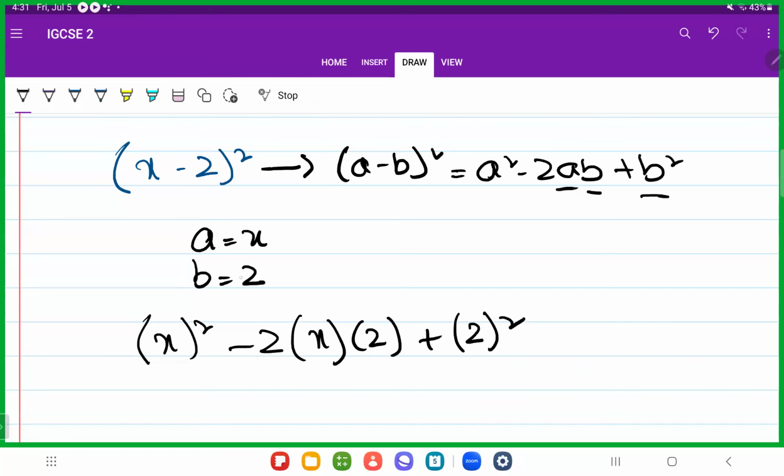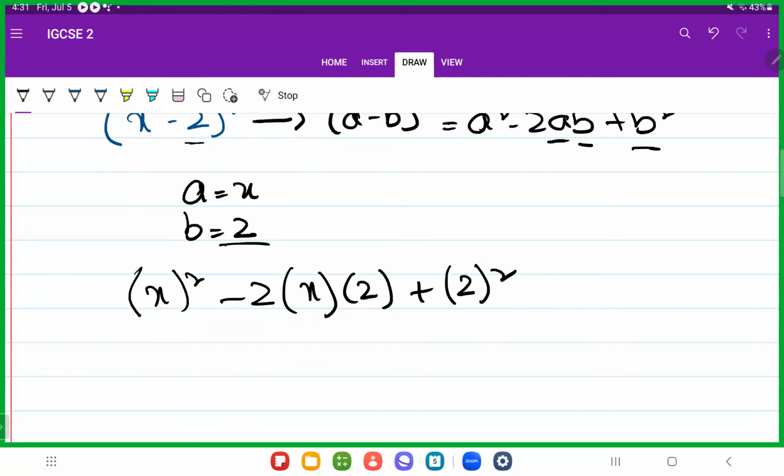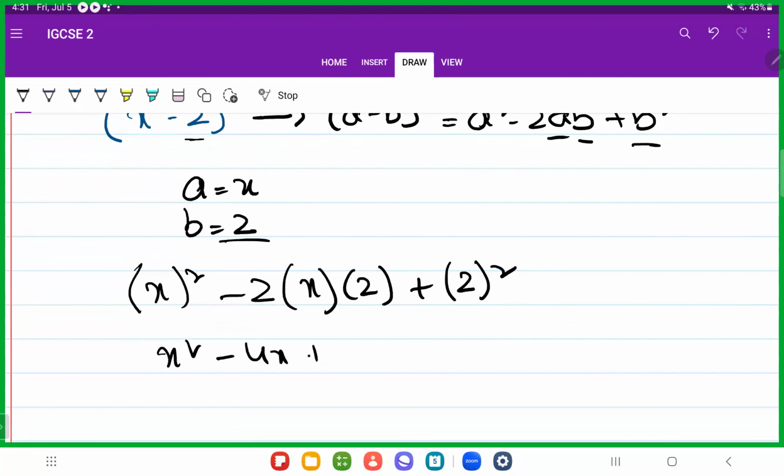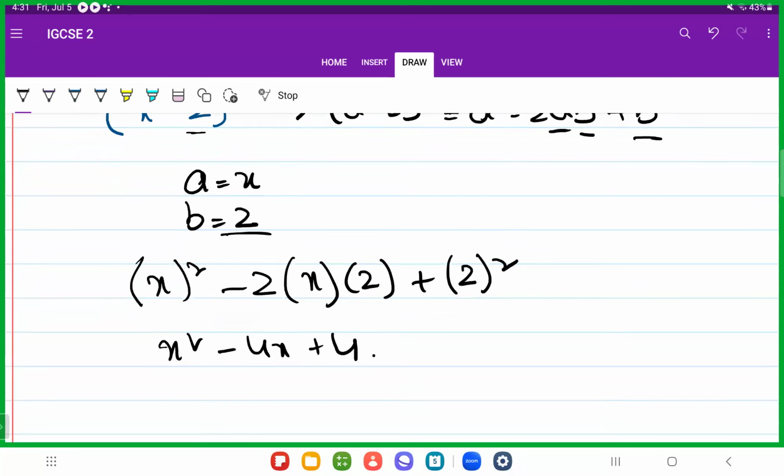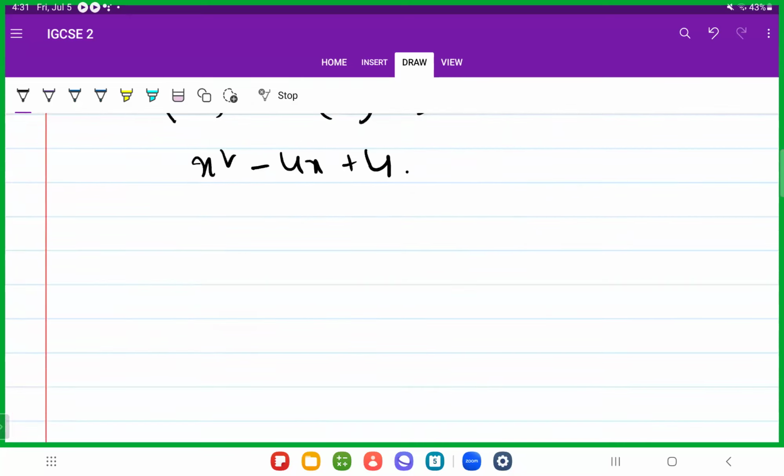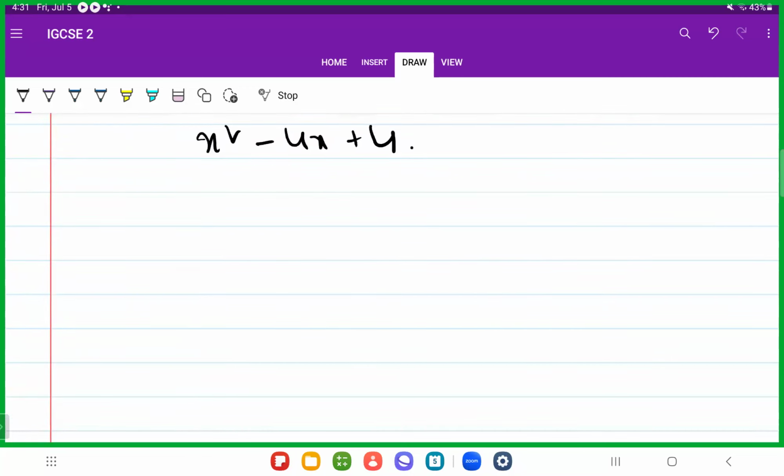B will only be the number. So x square minus 4x plus 4. Make sense? The third identity we do not need right now, but we will be working on it when we need it. Can you guys try solving these equations?